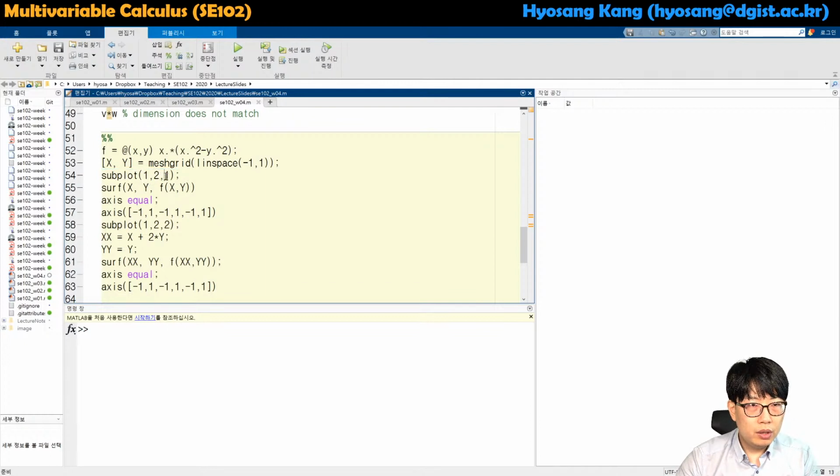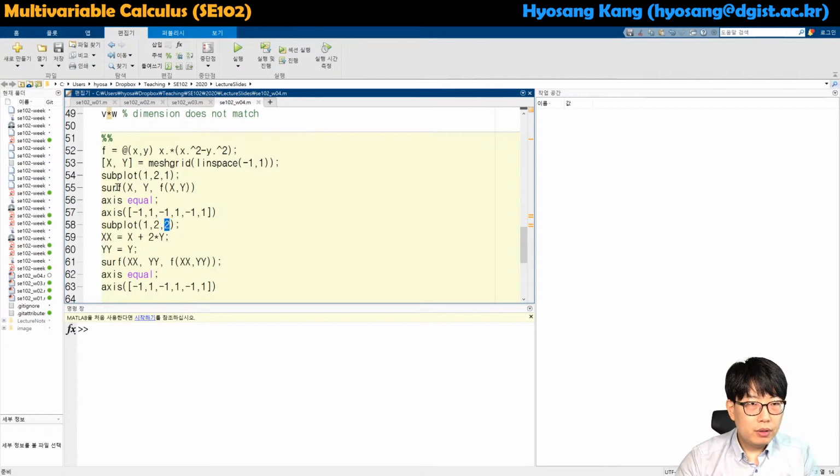This 1, 2, 1 means that there is 1 row, 2 columns, and the following graphing command will plot the graph in the first plot. And there's a subplot 1, 2, 2. The same thing, 1 row, 2 columns. This is the second picture.